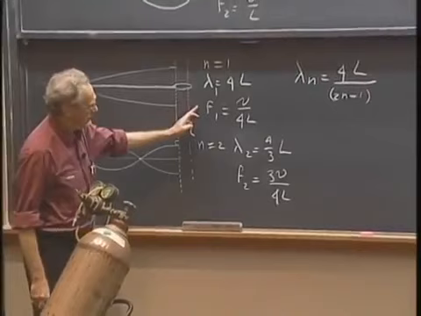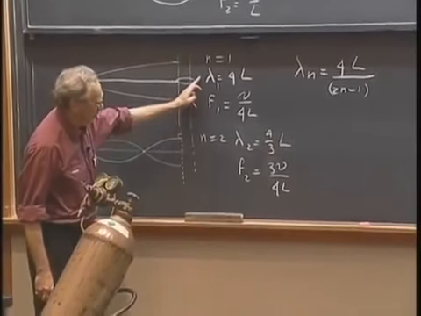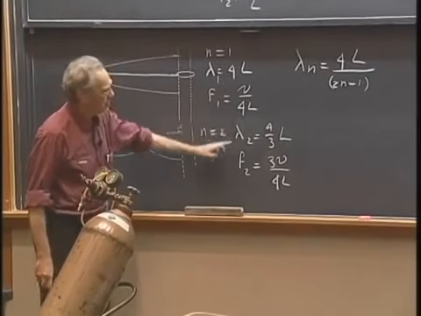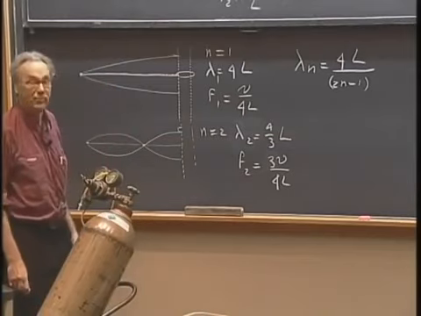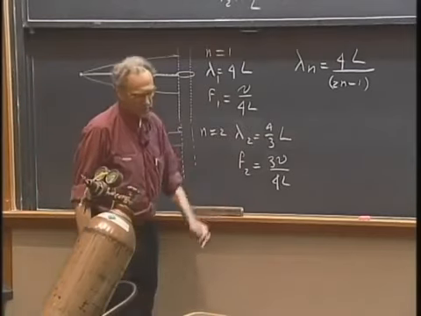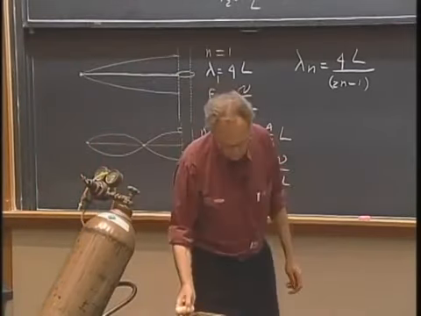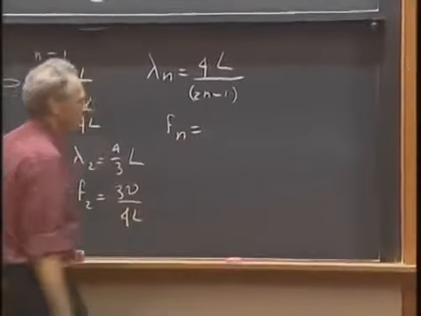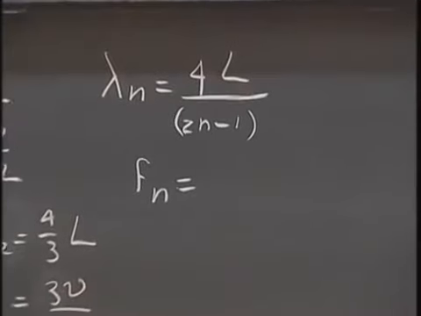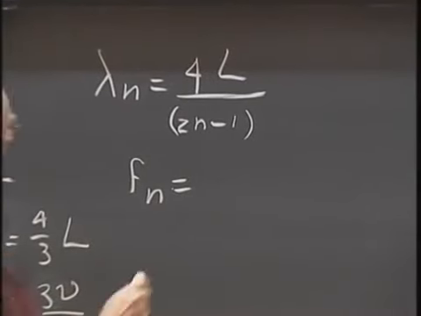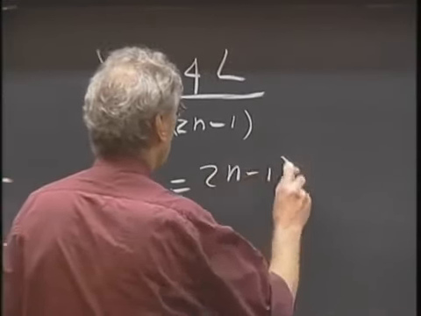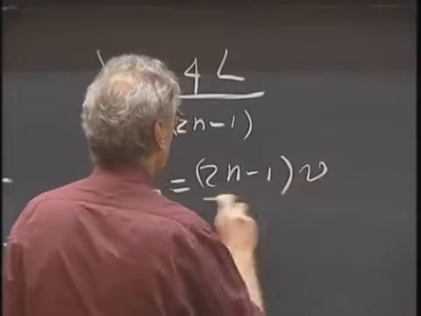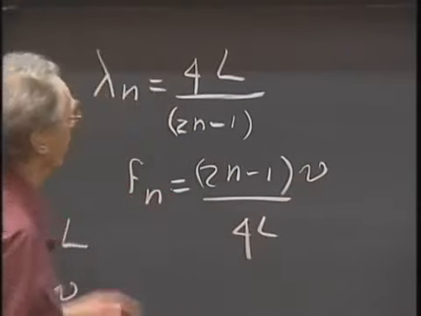Because if you follow here that you go from lambda 1 to lambda 2, it changes not by a factor of 2, but by a factor of 3. And so the frequency in the nth mode, which is the velocity divided by lambda n, is 2n minus 1 times the velocity divided by 4L.